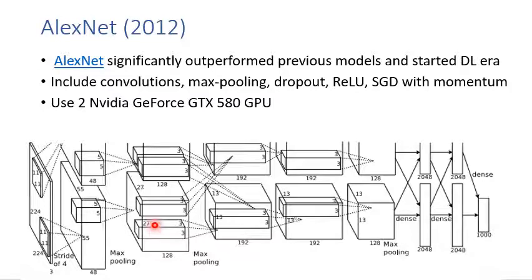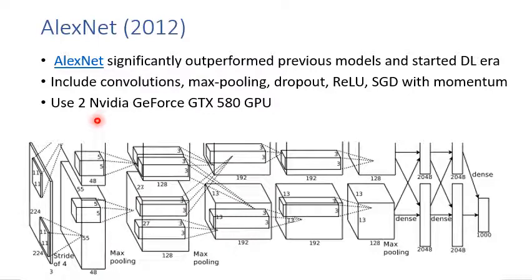You may notice one major difference between AlexNet and LeNet-5. AlexNet has two branches of convolutional nets and fully connected layers. But this is not a design consideration. This is mainly because the NVIDIA GPU they used at that time didn't have enough memory to save all the parameters of their convolutional neural network.